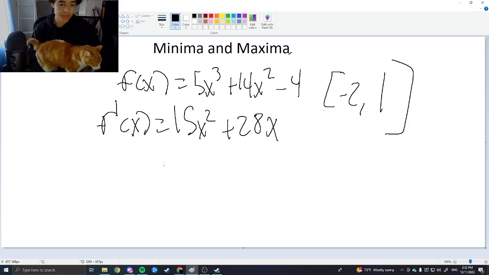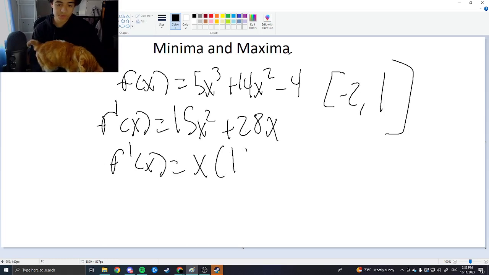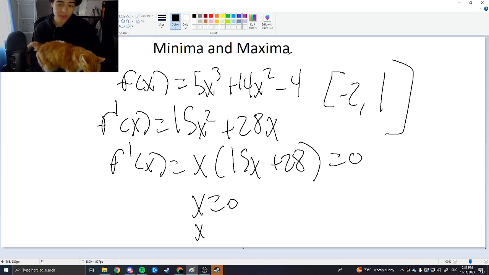We could factor out an x, so we have f prime of x equals x times (15x plus 28). And if we set this equal to 0, we'll get x equals 0 and x equals -28 over 15. So our critical points are going to be -2, -28 over 15, 0, and 1.